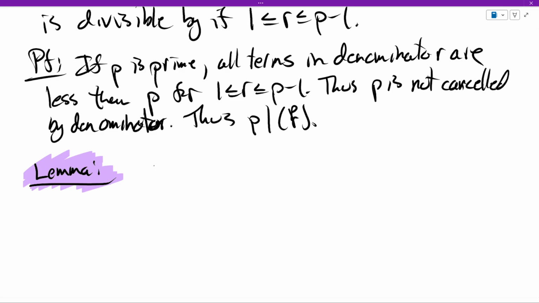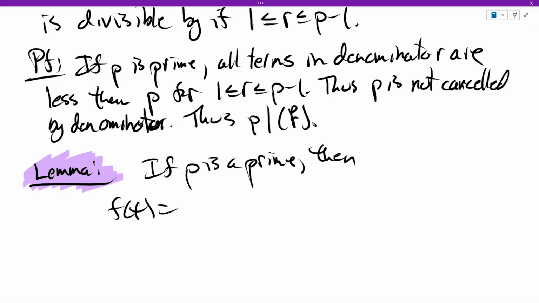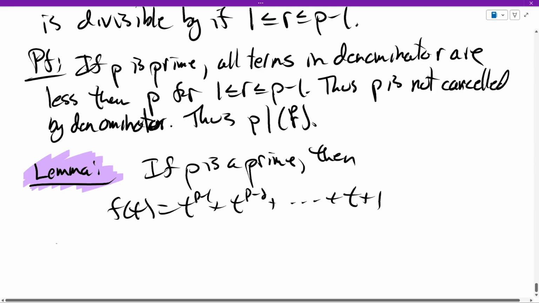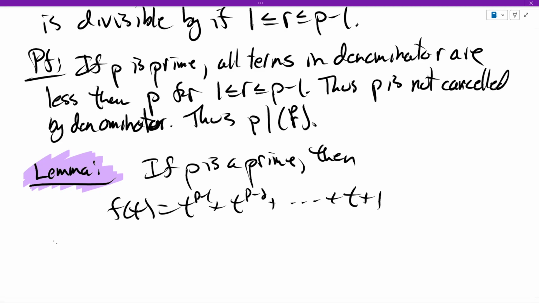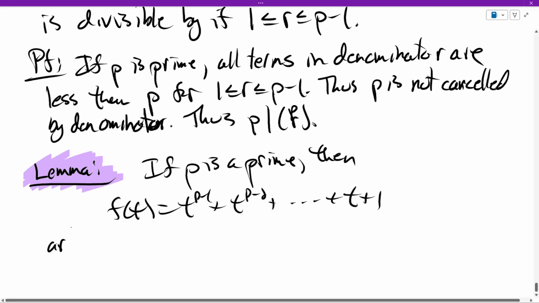If p is prime, then the polynomial where we start with p minus 1 as the exponent and we decrease in that fashion is irreducible over Q.